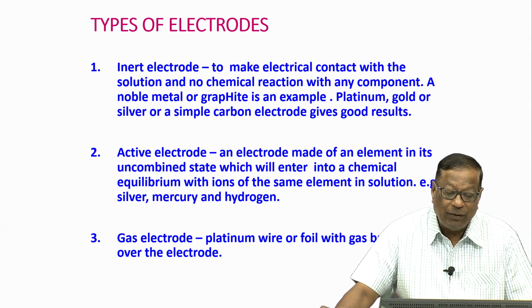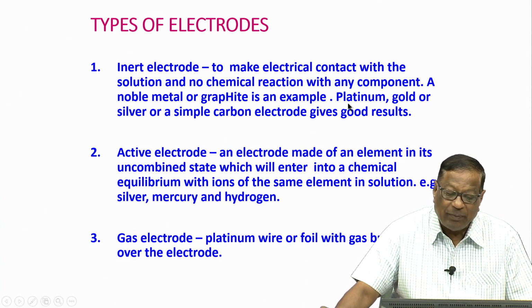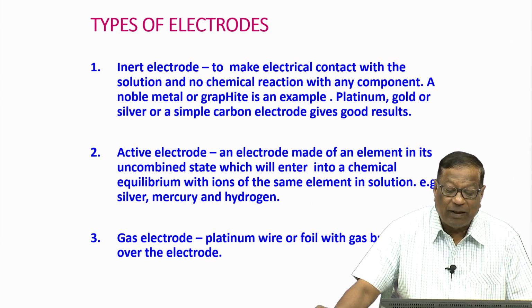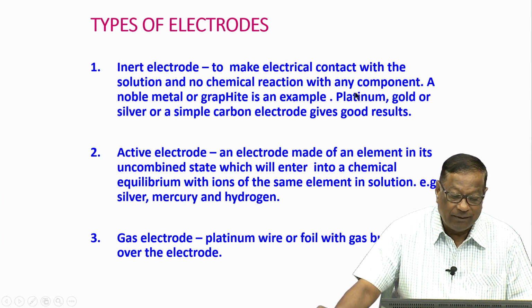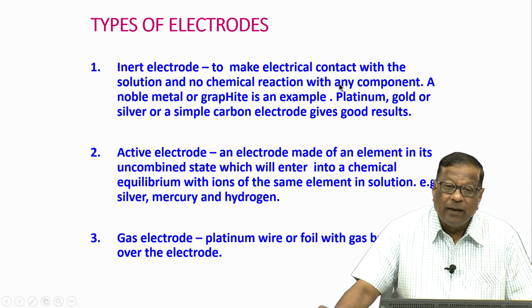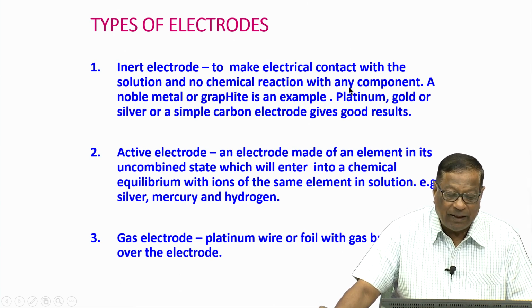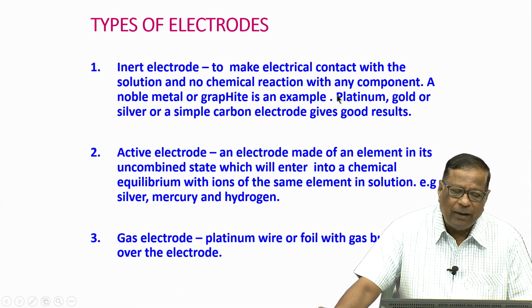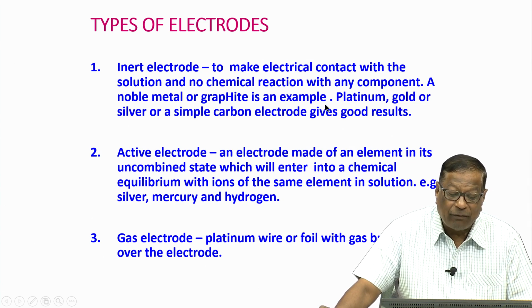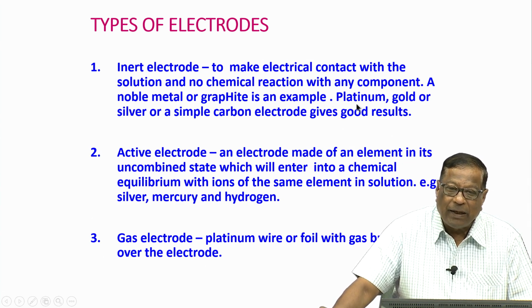An inert electrode is a metal piece that is used to make electrical contact with the solution, but no chemical reaction should take place with any component. Such an electrode is known as an inert electrode. Usually it is a noble metal electrode or a graphite electrode.